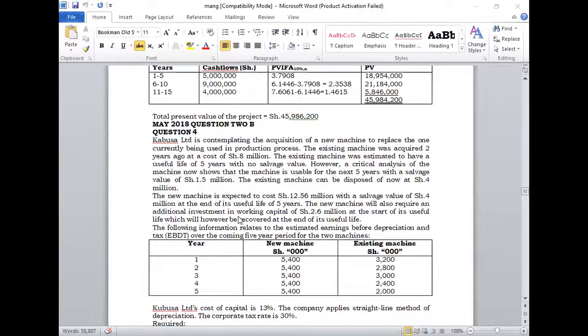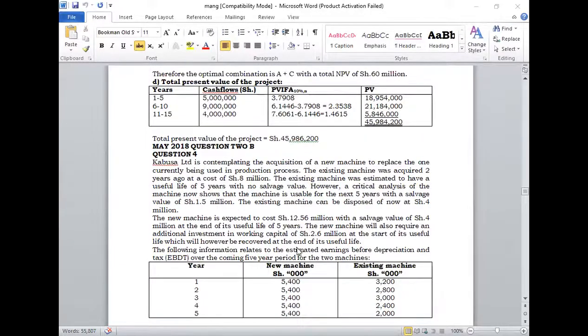The new machine will also require an additional investment in working capital, and that is why I chose this question that has working capital, of 2.6 million at the start of its useful life, which will, however, be recovered at the end of its useful life.